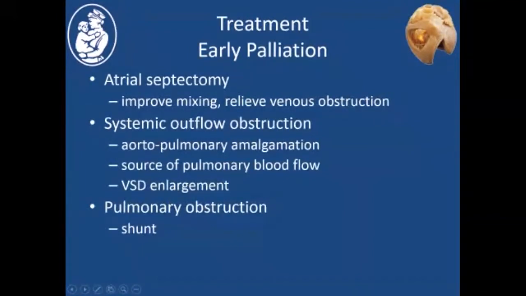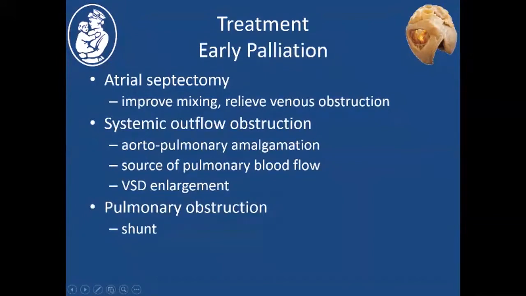The treatment for this: many of these patients, maybe most, need some kind of early palliation, sometimes an atrial septectomy to improve mixing, or if one of the AV valves is small, to relieve venous obstruction. And then we often have to address systemic outflow tract obstruction with an aortopulmonary amalgamation early on sometimes. And then, of course, you have to provide a source of pulmonary blood flow.